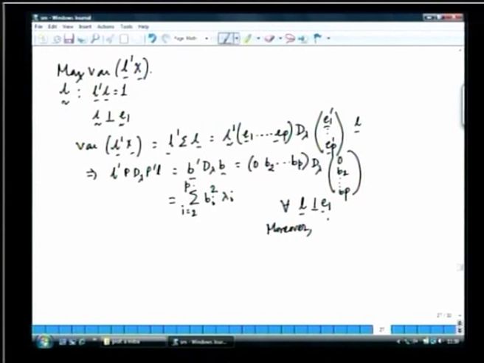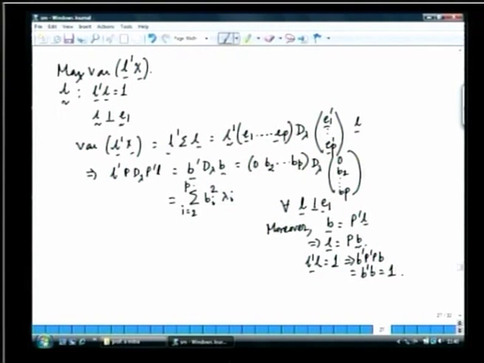We have B, which has been replaced for P prime L, so that L is nothing but P B, and L prime L equals 1 implies that you have B transpose P transpose P B, which is equal to B transpose B, and this is equal to 1.